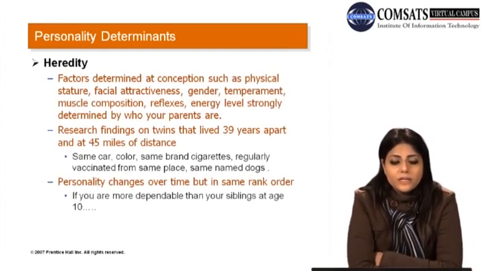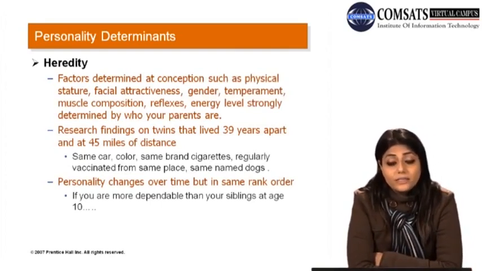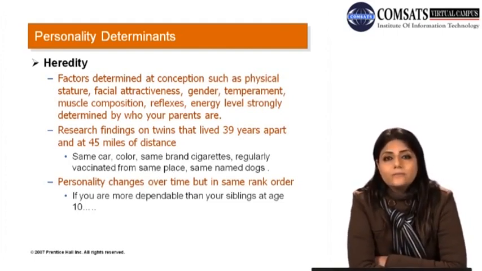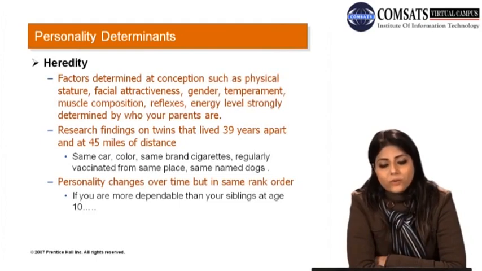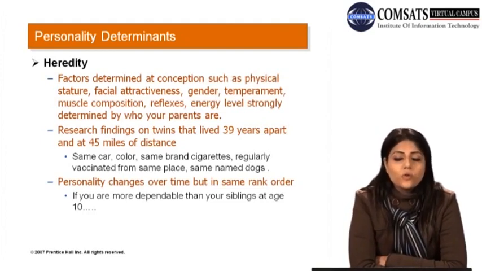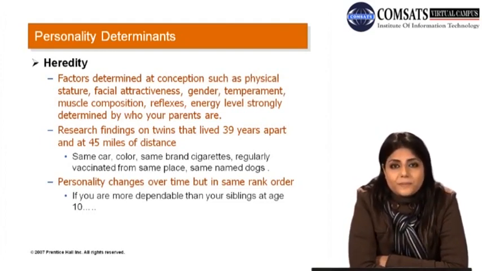So what are the different determinants of personality? The first one is heredity, right? Heredity, of course, as I told you in the outline, there are environmental determinants as well, and there are situational determinants of personality. But the research indicates that heredity determinants are the strongest determinants of personality.